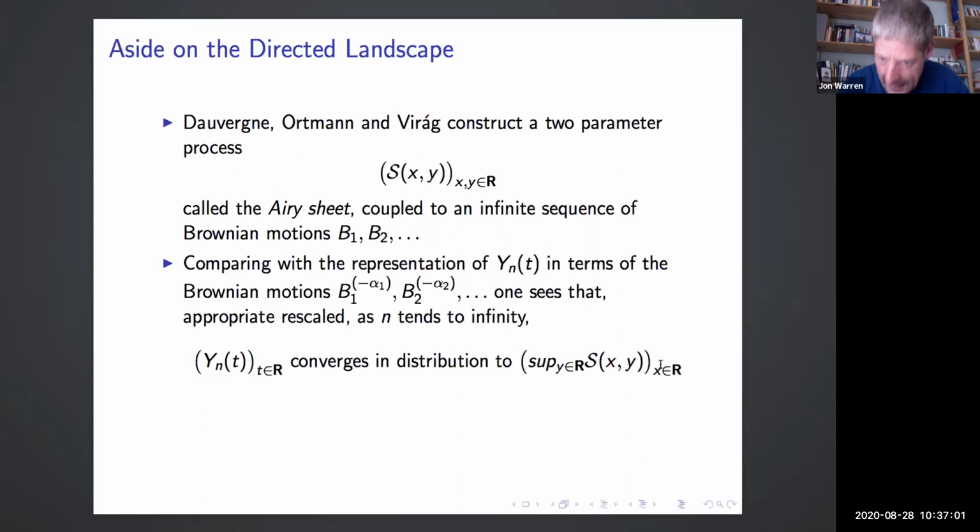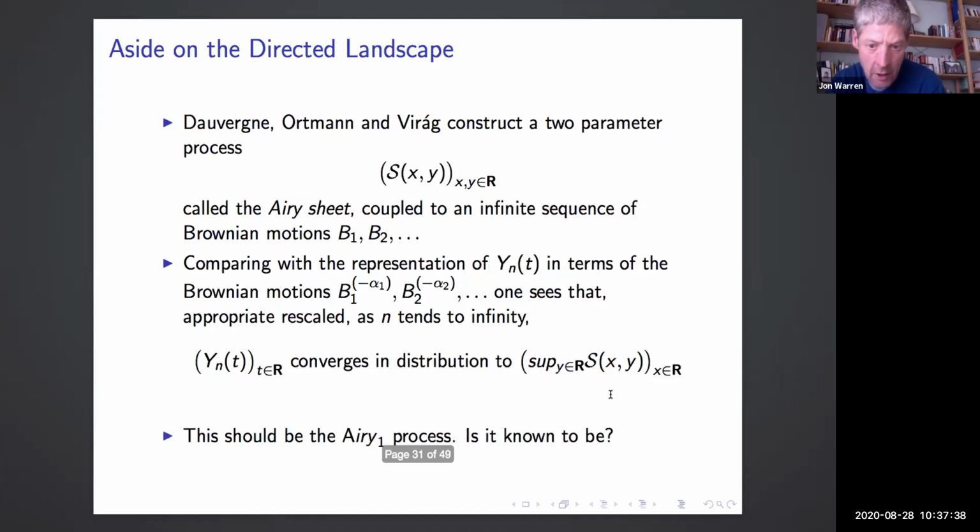And so x here is the parameter of a one-parameter process, and that matches up after a bit of rescaling with the t, that is the time parameter in the YNT. So the whole idea of the Airy sheet is such that one would expect this thing with the supremum to be the Airy 1 process. And so that then would give a proof of the conjecture.